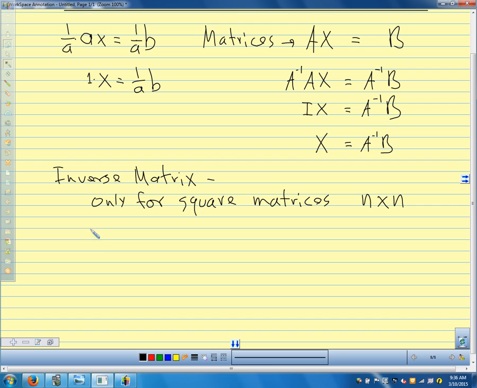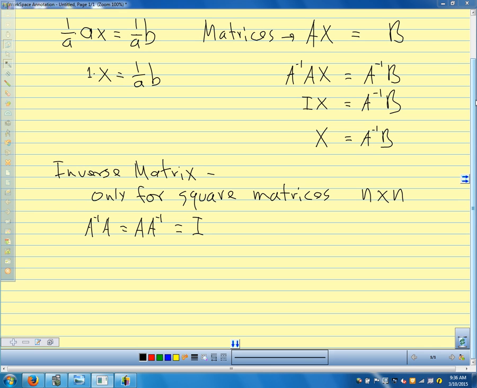And the way that an inverse matrix works is A inverse times the matrix itself equals, and it doesn't matter which order I multiply these two in, gives us the identity matrix. So if I multiply them in either order, I get the identity matrix.